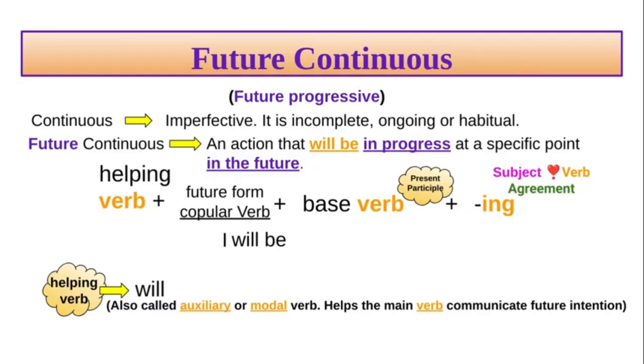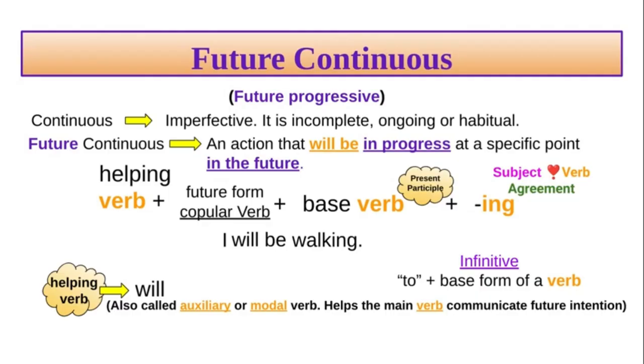The present participle of our verb, we're just going to take our infinitive, drop the to, and we're left with walk. That's the base form of our verb. Okay, and then we're going to add an ing ending to meet the present participle requirement. I will be walking. In this sentence, the subject agrees in person, number, and tense.